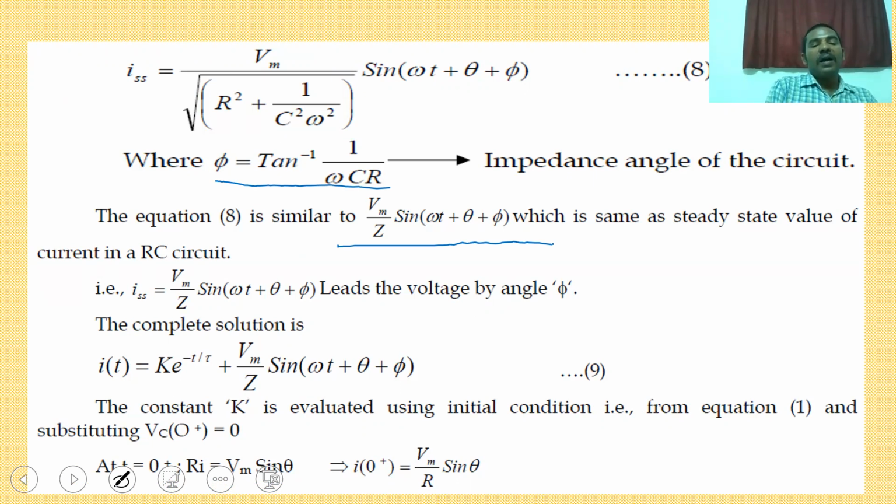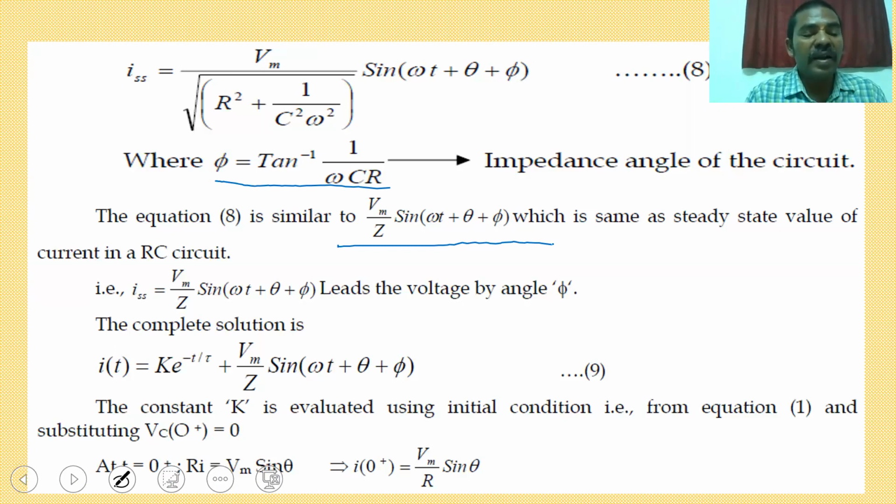So now the complete solution is the natural response and forced response, that is the transient current and steady state current. So i of t is equal to some K e power minus t by tau plus Vm by Z sin omega t plus theta plus phi. For finding the value of K, we have to substitute the initial conditions.